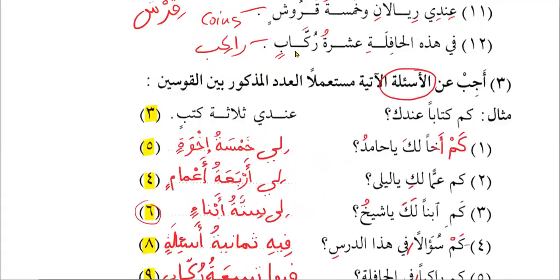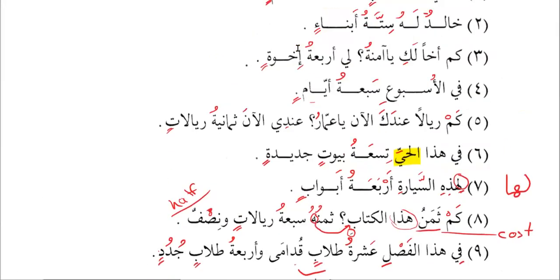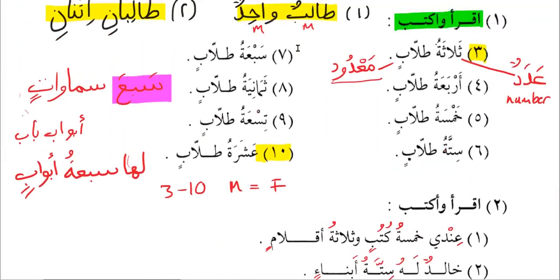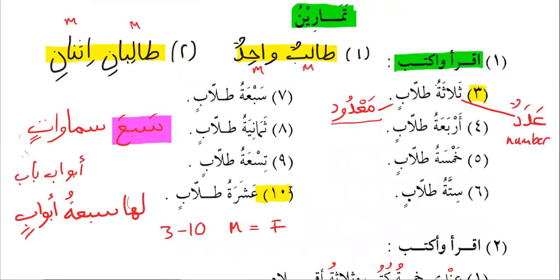جميل. So what we've studied today are the numbers from 1 to 10. 1 to 2 will always be the same. Masculine, masculine, masculine, masculine. طالب واحد, طالبان إثنان. But from 3 to 10, obviously that which we are counting becomes plural.